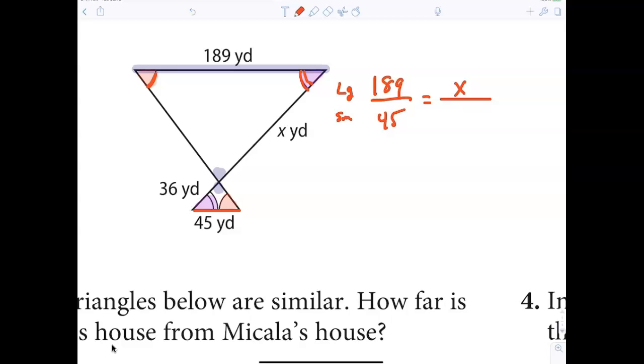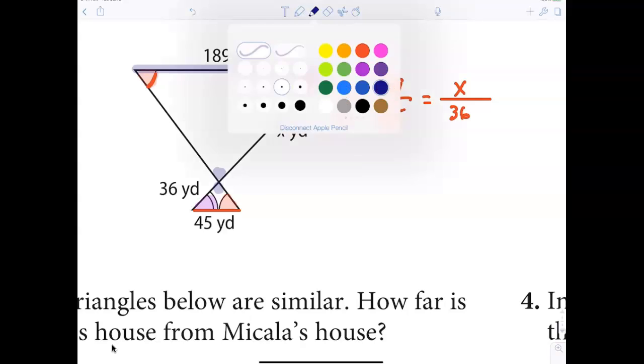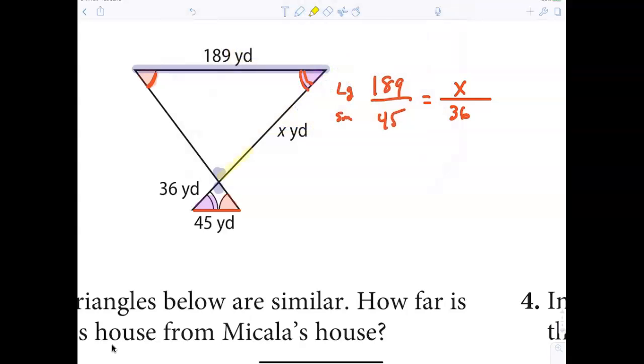X corresponds to 36, not because that's the only other number there. That's not the reason. It corresponds to that for this reason. X is between two tick marks and no tick mark. So here is two tick marks and no tick mark. So it had to be with that.